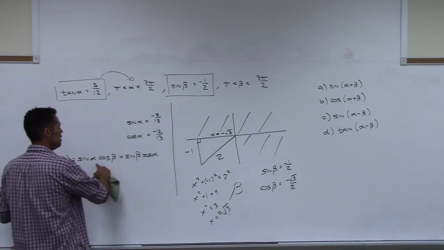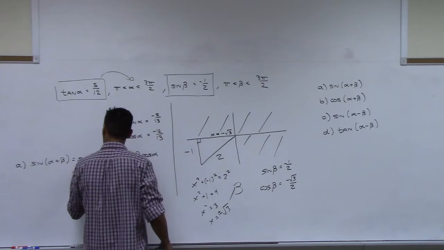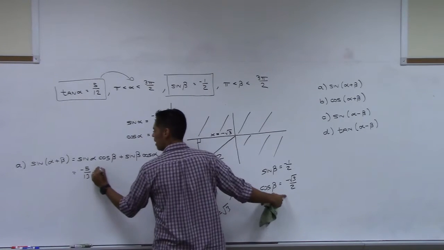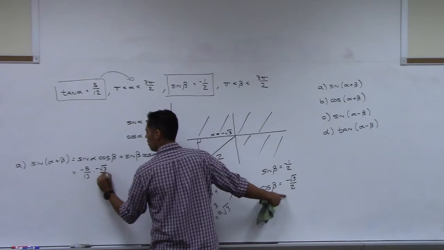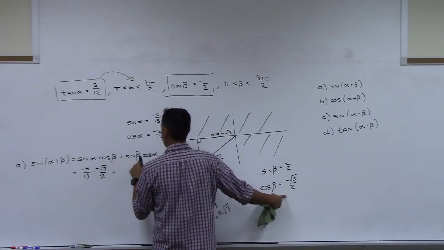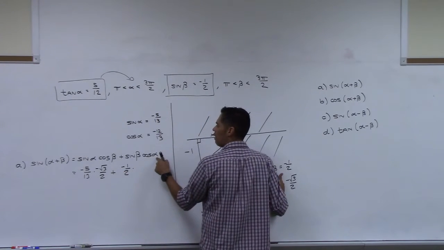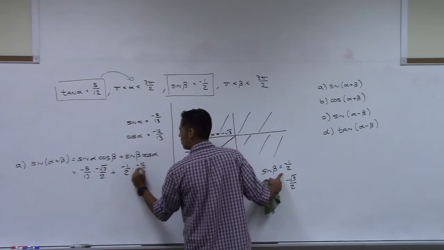All right, so now we have all this information. Sine of alpha is negative 5 over 13 times cosine of beta, which is over here, that's negative root 3 over 2, plus sine of beta, which is negative 1/2, times cosine of alpha, which was negative 12 over 13.